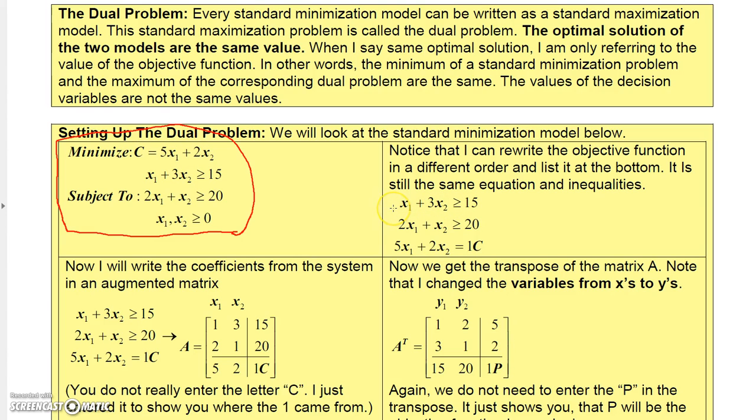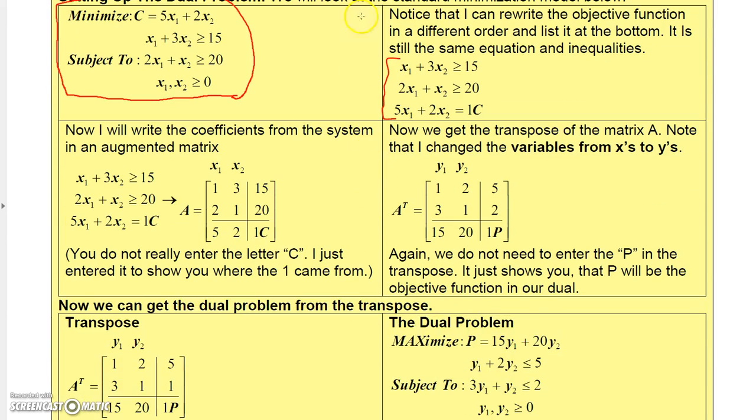Here's the first constraint, here's the second constraint, and here's the objective function written right to left. Now, focus on these coefficients. The coefficients for the first constraint are 1, 3, and 15. For the second constraint, they are 2, 1, 20. And for the objective function, they are 5, 2, and 1. So we're going to treat C as just 1C.